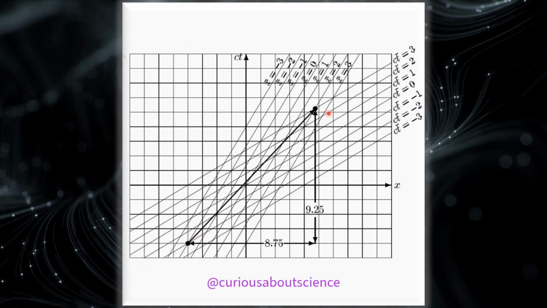And then we move to another event where we have x equal 2 and CT equal +3. -3, run down. So be very careful how we deal with these. But what we're interested in is if our horizontal in X is 8.75 and our vertical in CT is equal to 9.25, then the inverse of that gives us the velocity.